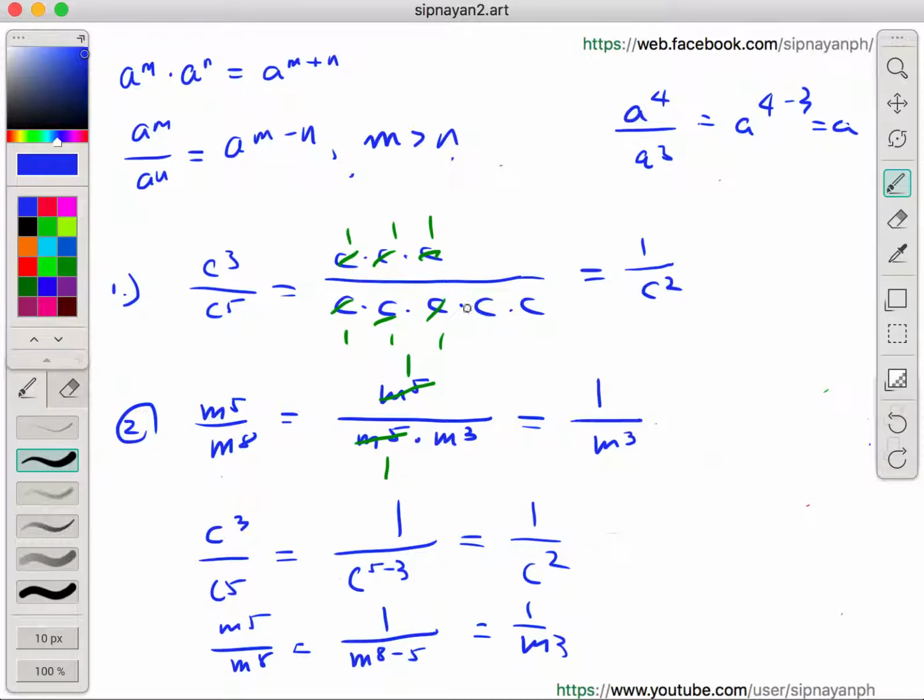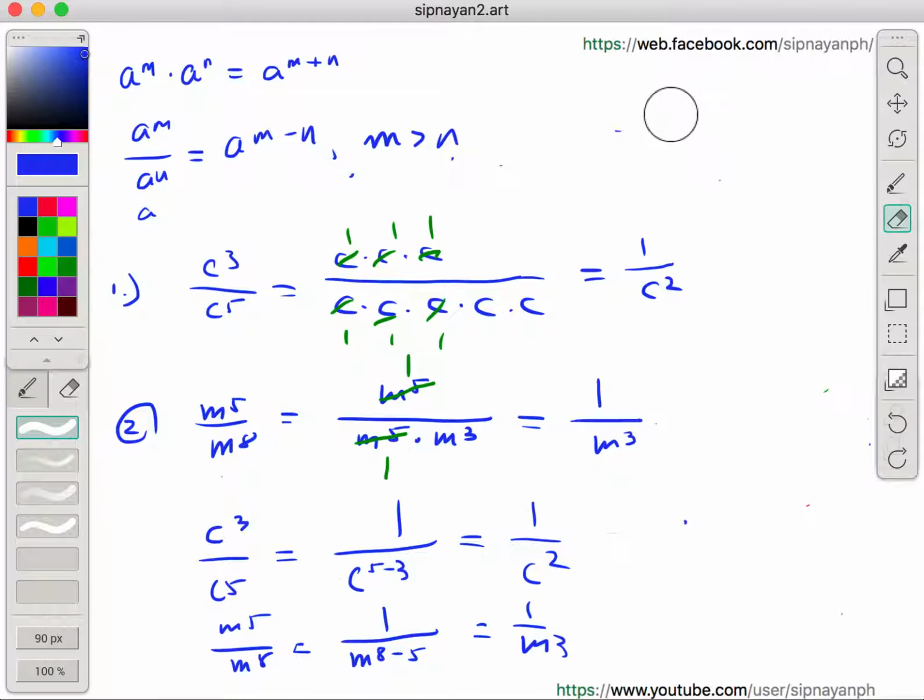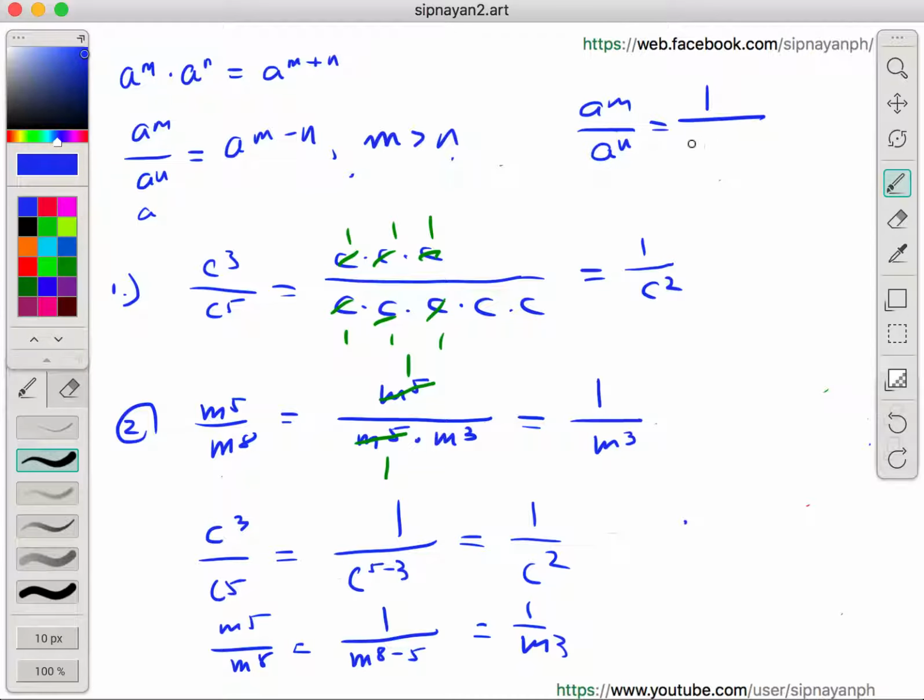So in general, ibig sabihin, pag mas malaki pala yung exponent sa baba, if we have a raised to m, maybe I should put it here. Kung meron pala tayong a raised to m over a raised to n, that is equal to 1 over a raised to, ano yung ima-minus natin?